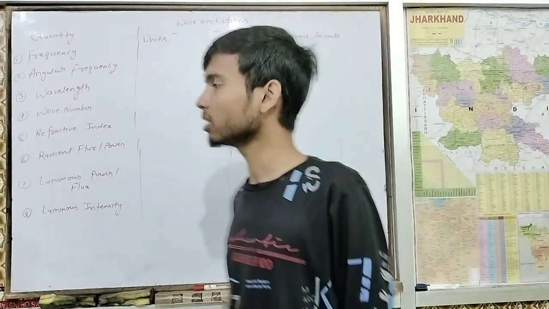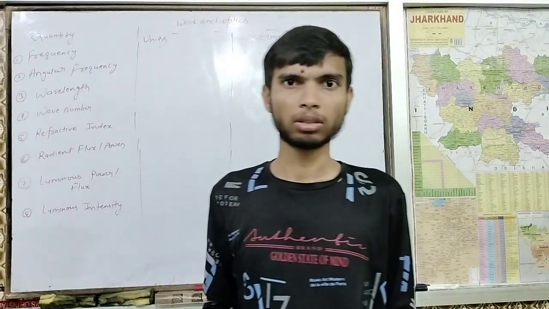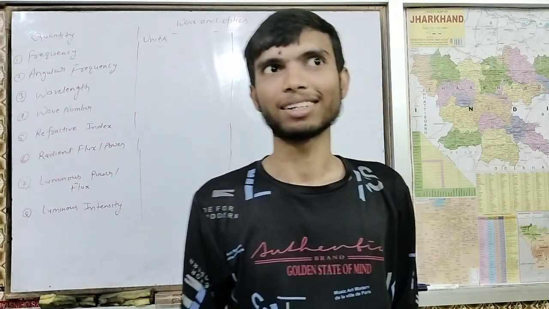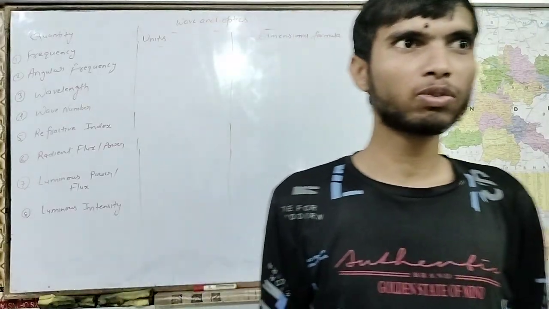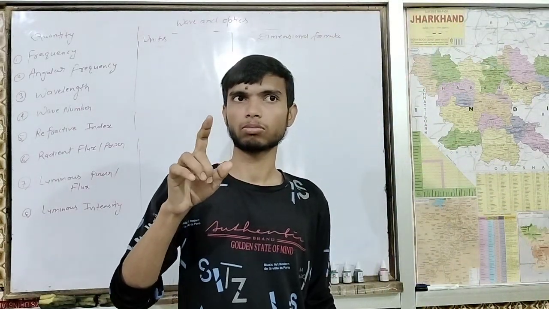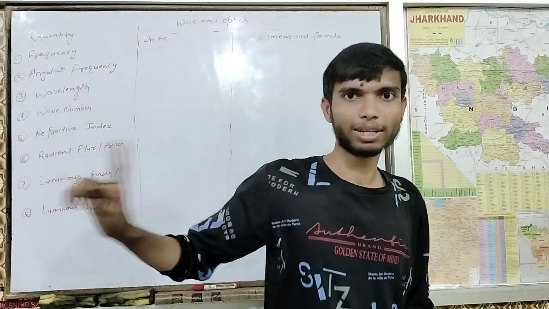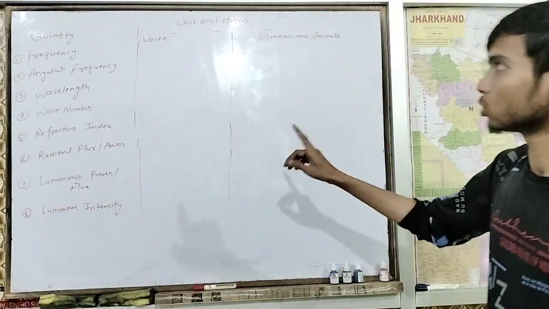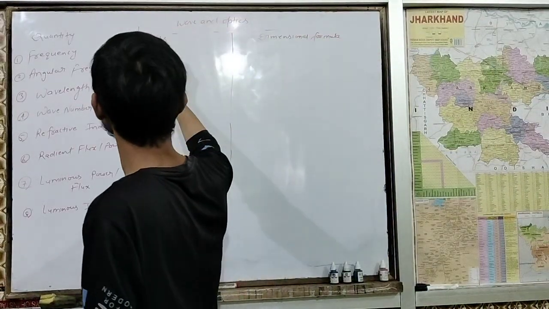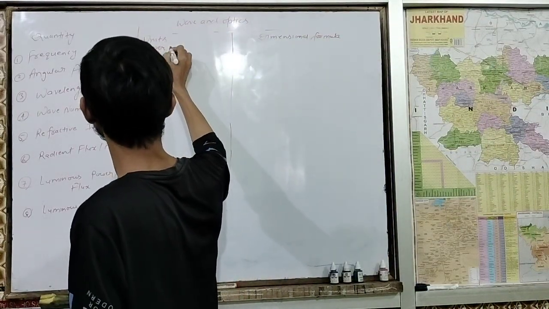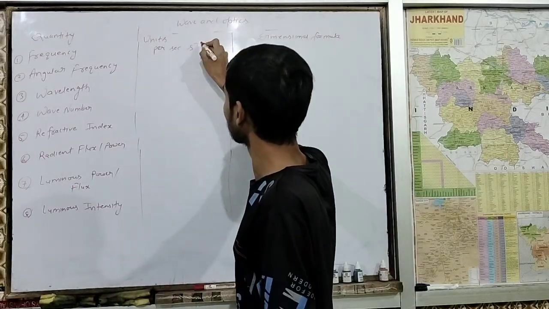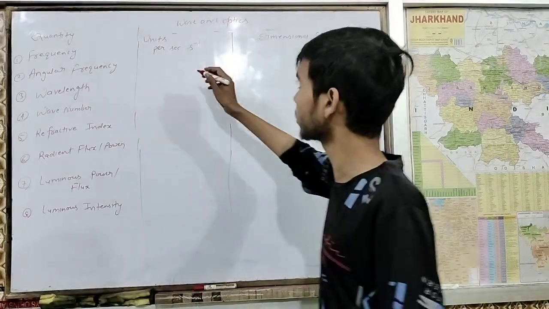This frequency is a topic which comes in formulas, and in the chapter on the human ear, you will hear the word frequency. So the SI unit for frequency is per second, which means second raised to power minus 1.